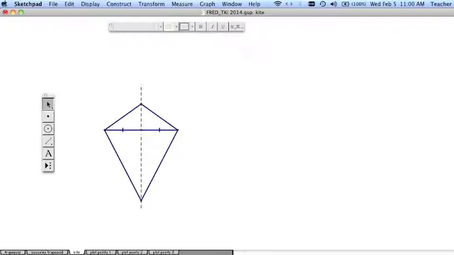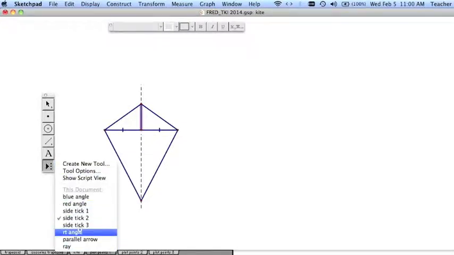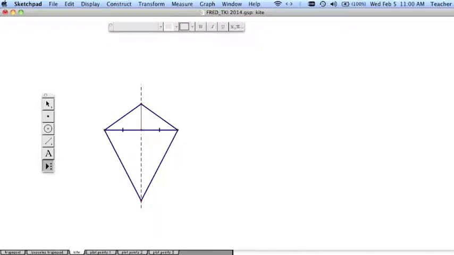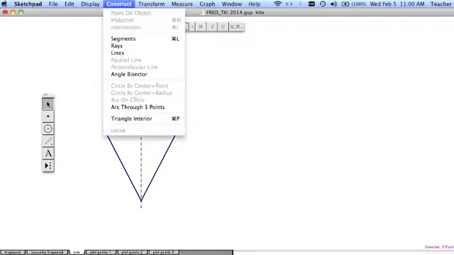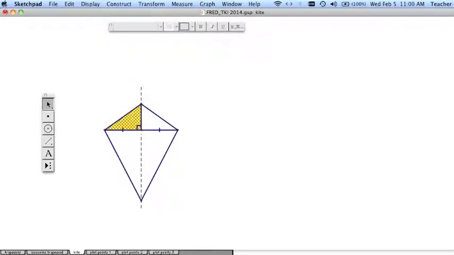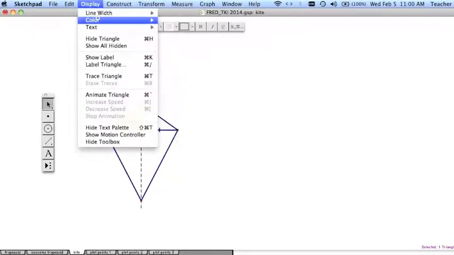Now, I want to put a little right angle symbol in here, because this is one of the most important properties you'll notice. The diagonals of the kite are perpendicular. What kind of triangle do you see right here? A right triangle. Construct triangle interior. Now make sure it's a nice light color.